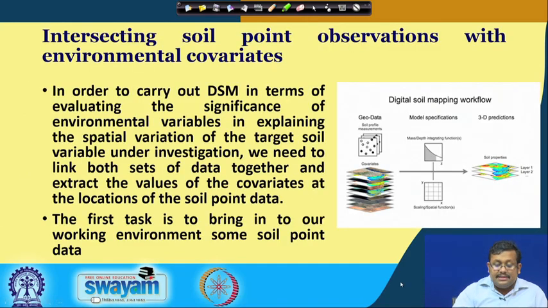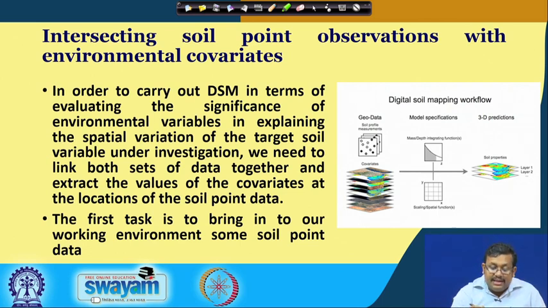So, guys, another important aspect of data processing is intersecting soil point observations with environmental covariates. In order to carry out DSM, in terms of evaluating the significance of environmental variables in explaining the spatial variation of the target soil variable under investigation, we need to link both sets of data together and extract the values of the covariates at the location of the point data.